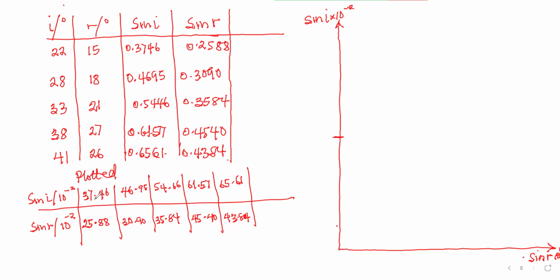Okay, it means I'm going to plot this value. My minimum value is 37.46 and my maximum value is 65.61 for the vertical. So let me divide it into 12 equal parts.